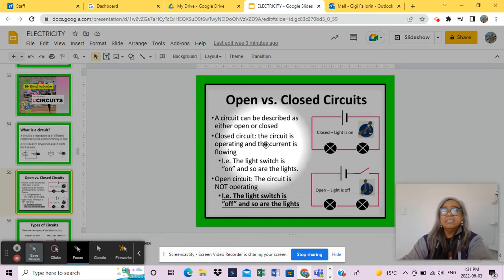In a closed circuit, the circuit is operating and the current is flowing. So the light switch is on and so are the lights. Now, in an open circuit, there is a break here. The circuit is not operating. That is, the light switch is off and so are the lights.